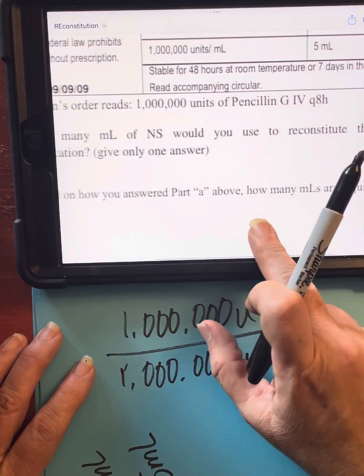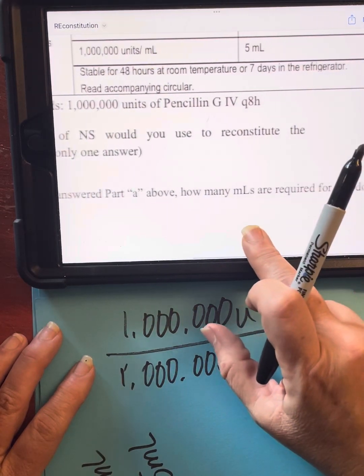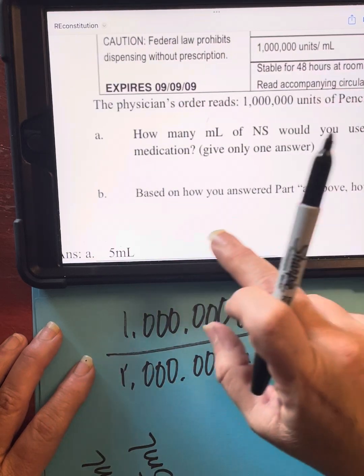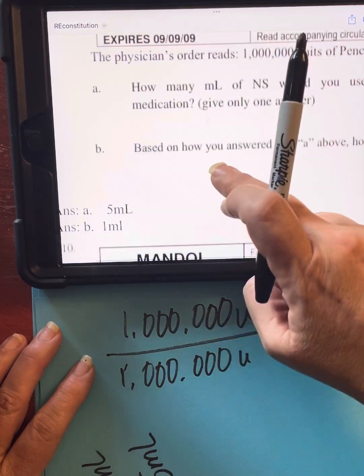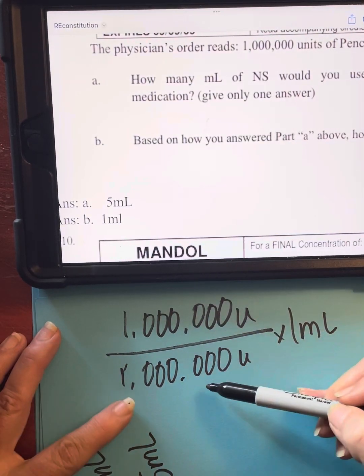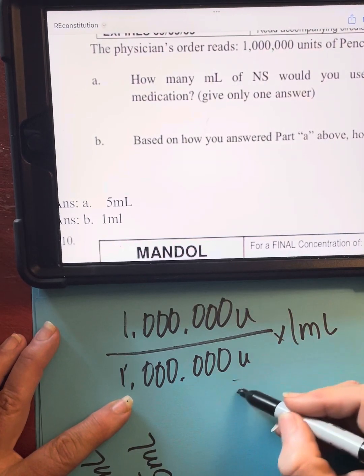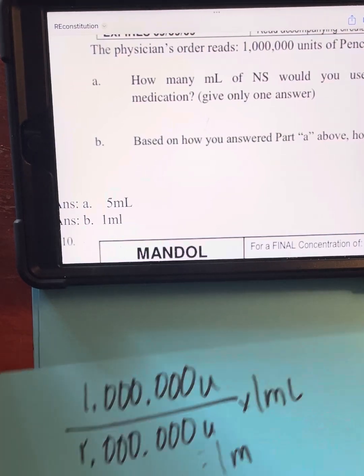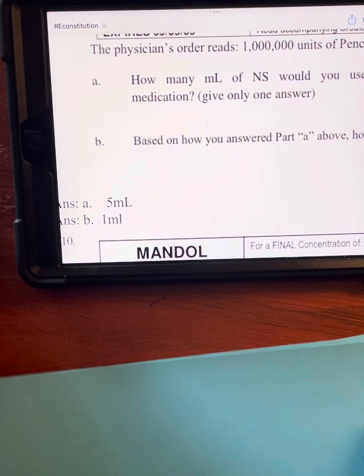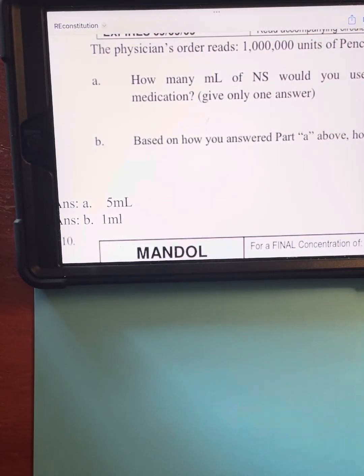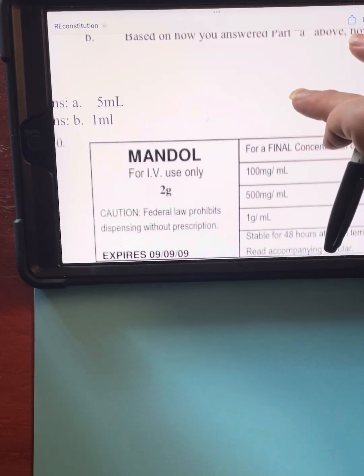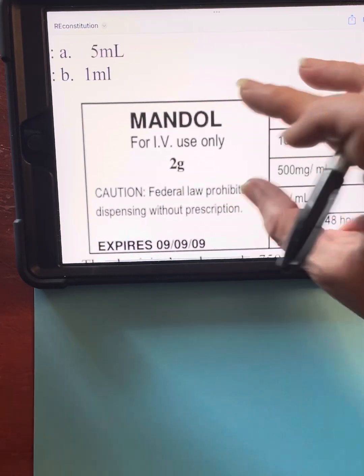Based on how you answered part A, how many milliliters are required for one dose? And look, you can see 1 million into 1 million is going to be 1, so it'd be 1 milliliter. And sure enough, did we save him? Okay? I mean, if you can read a recipe, you can do this. You can do it.